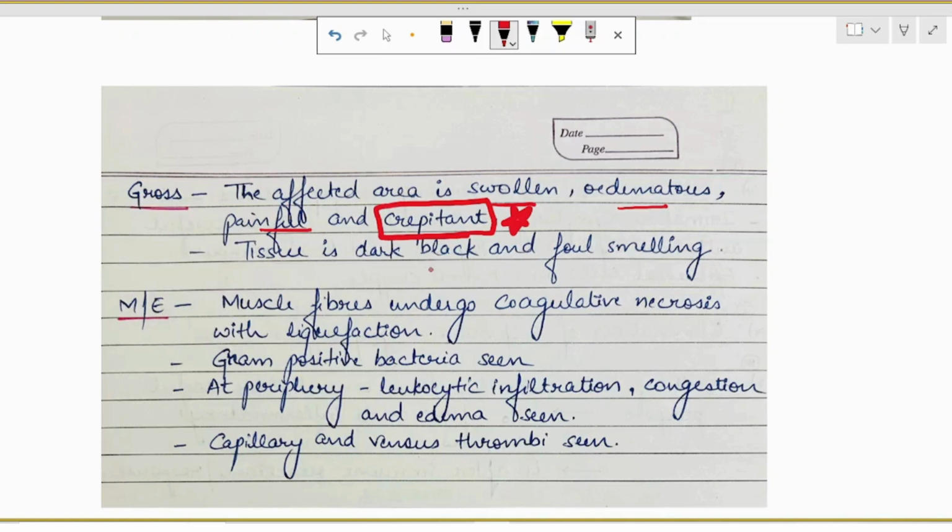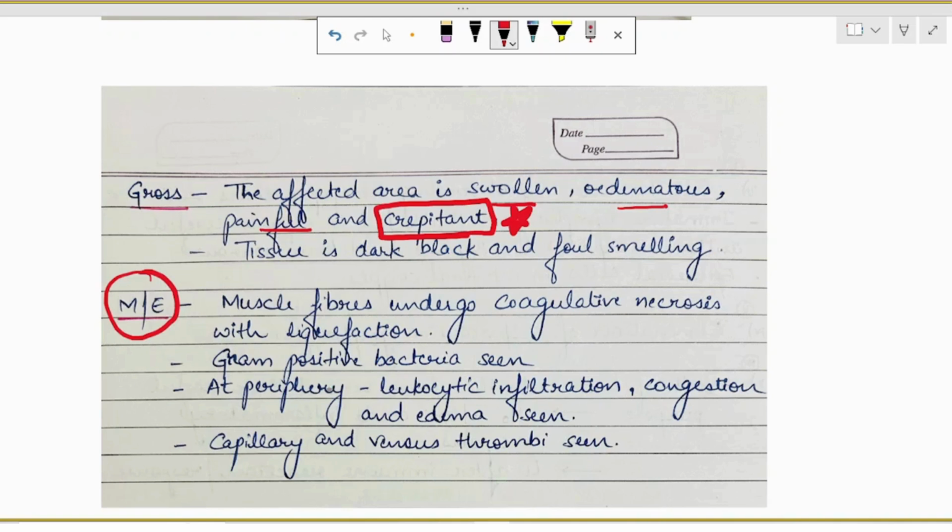The tissue would be dark black and foul smelling. How will it appear on microscopy? The muscle fibers undergo coagulative necrosis with liquefaction, that is, both coagulative and liquefactive necrosis will happen, but the muscle fibers will undergo more of the coagulative necrosis.